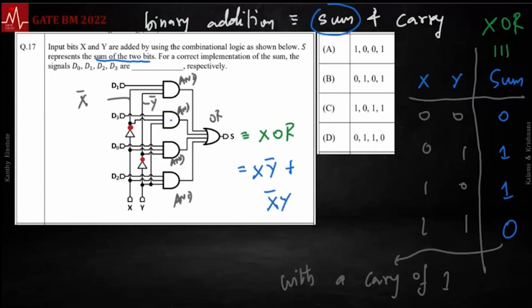What shows up here is D1 x bar y bar. Do we need that term for the XOR operation? We need x y bar and x bar y. Do we need x bar y bar?